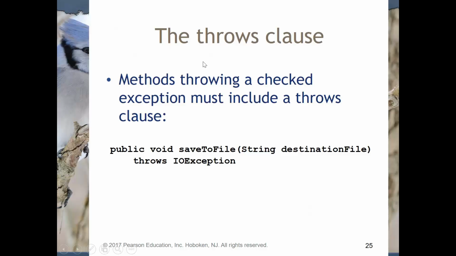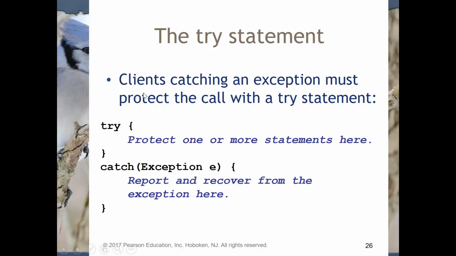Throws clause. Methods throwing a checked exception must include a throws clause. So here, if we're throwing an IO exception, you have to tell the compiler that you're throwing it. Otherwise, it assumes that you didn't mean to do that, and now you've got things not aligning. The try.